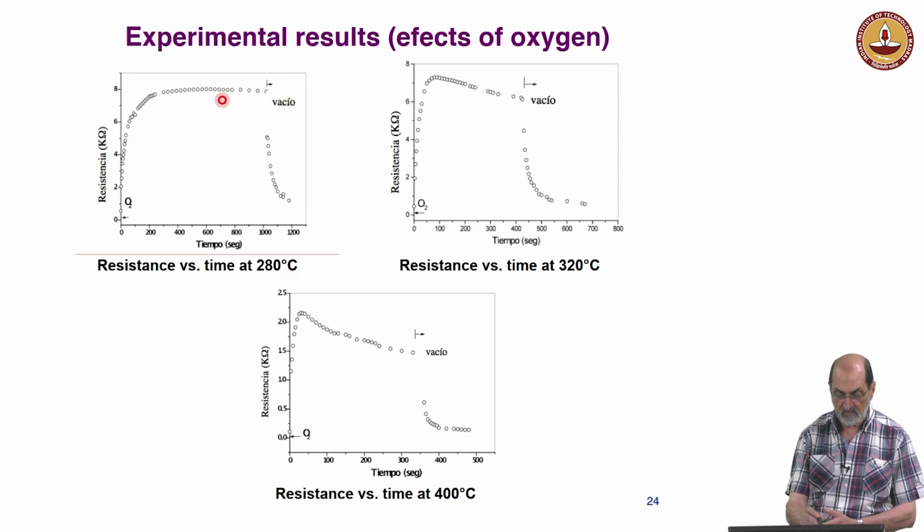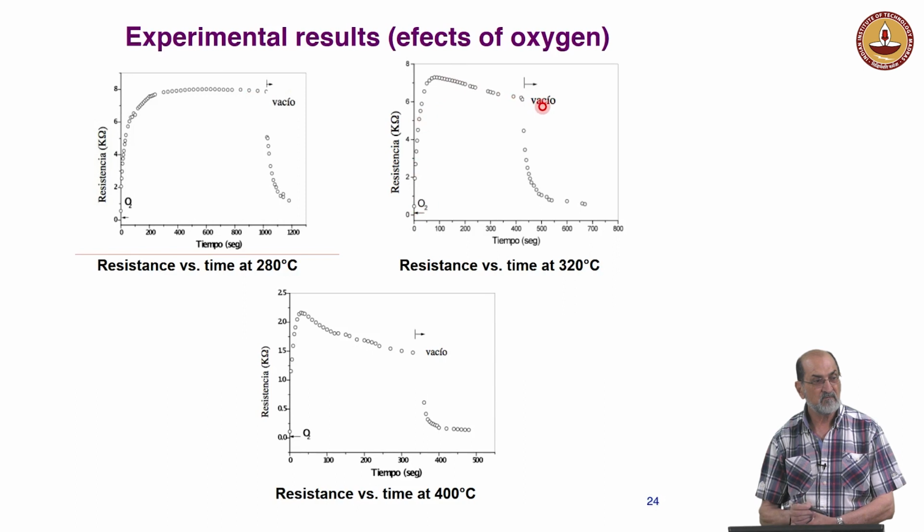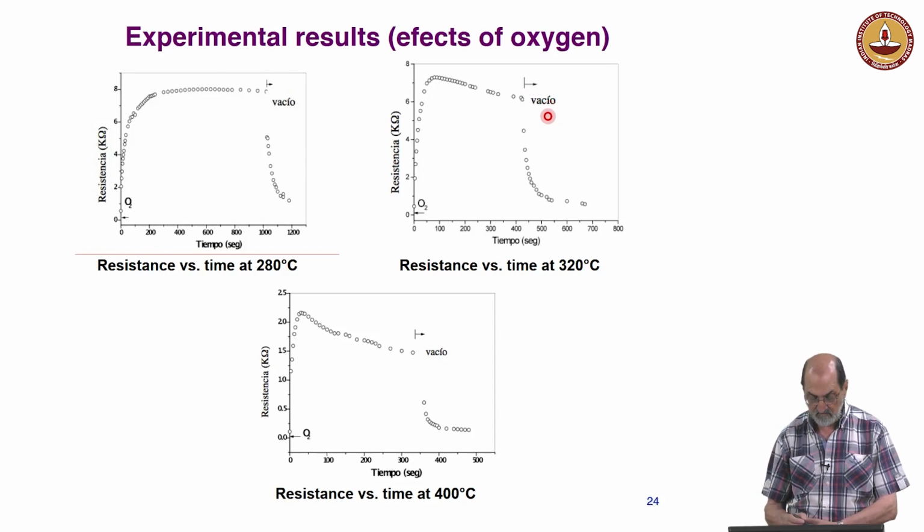But we saw something suspicious. It seemed that the resistance wanted to decrease. So we increased the temperature, and the effect is even clearer now. The resistance increases, but then decreases. And the higher the temperature, the stronger the effect is.